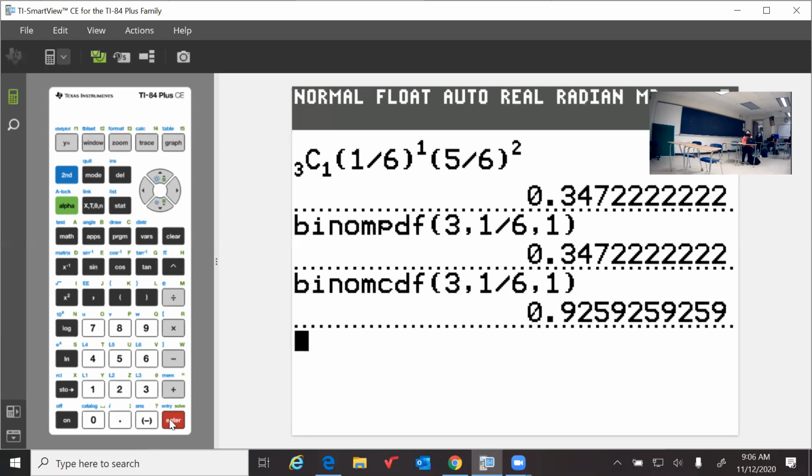Meaning this is discrete. It's not continuous. So when you roll a die 3 times, there are 4 things that can happen: 0 successes, 1, 2, or 3. Just like in row 3, there are 4 entries.